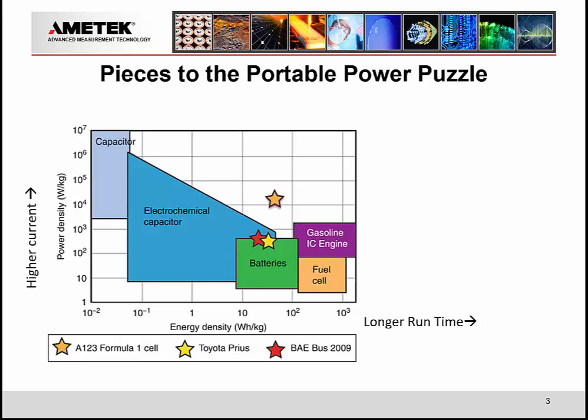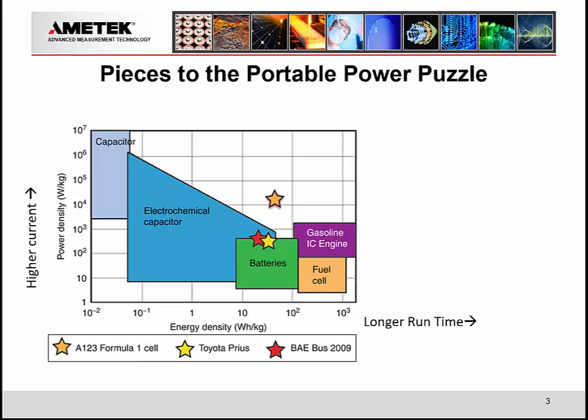Batteries, on the other hand, while they don't have quite the power density of capacitors, they have a much better energy density. So you can see from a battery application where you would benefit from both capacitors and batteries in a combination type system, as you're looking for both acceleration and long run time.